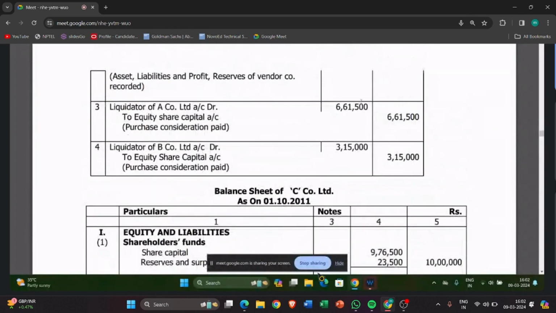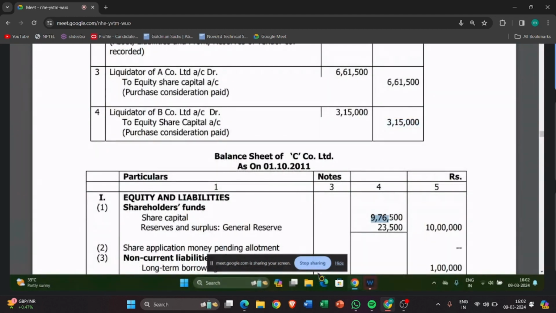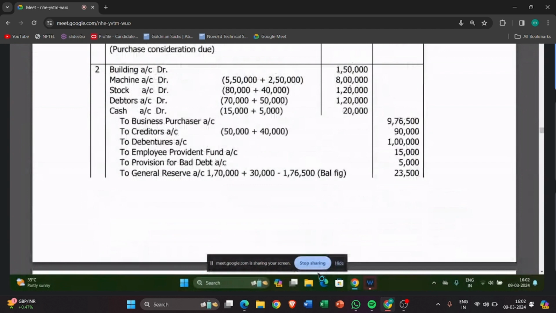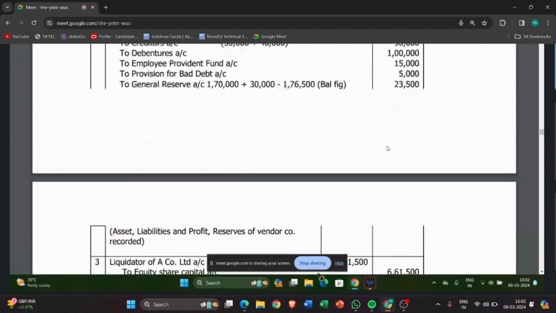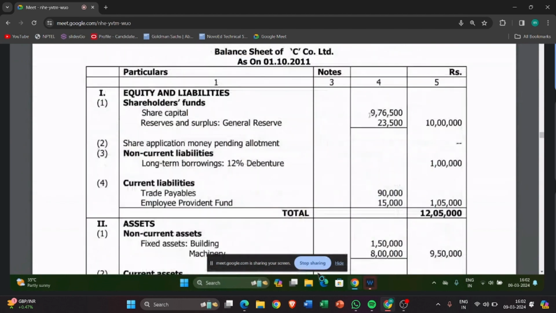What have we done? We have issued 6,61,000 and 3,15,000. So our share capital comes to 9,76,500, which is the actual purchase consideration that we paid. So we paid this much in the form of new share capital of the new company, 9,76,500.